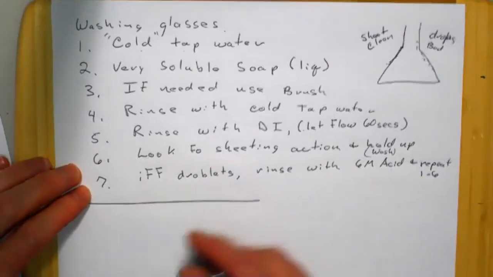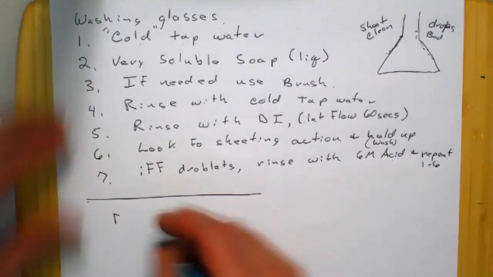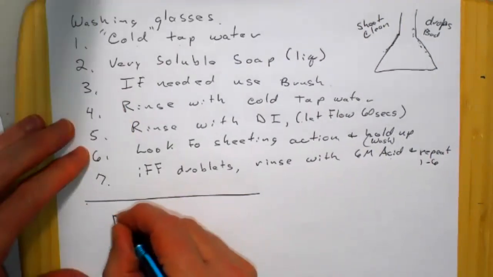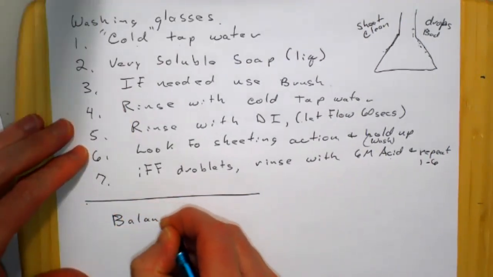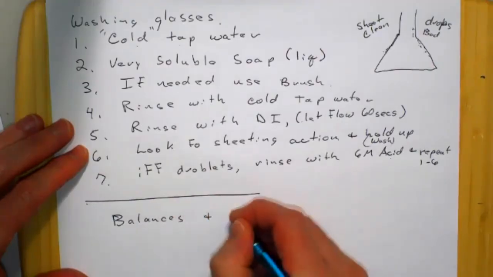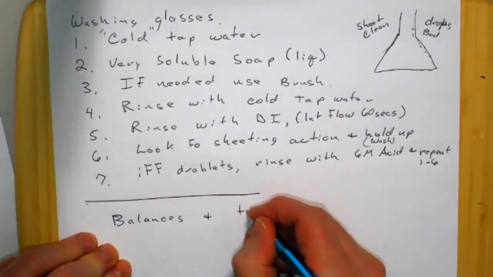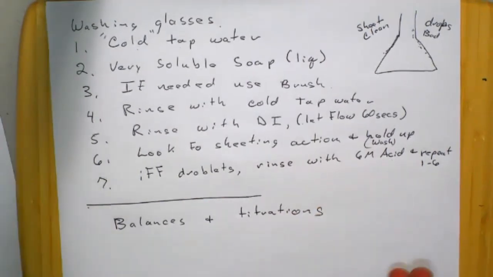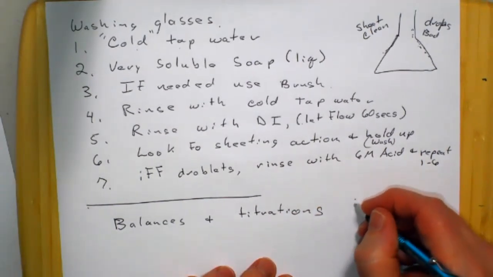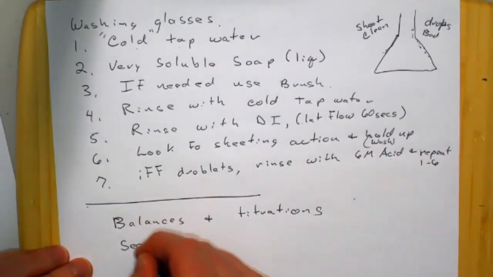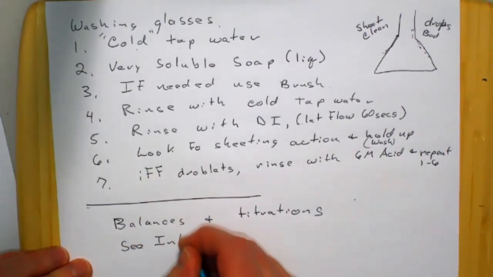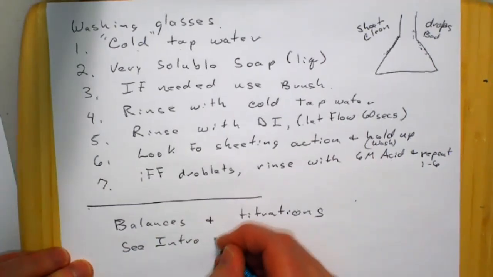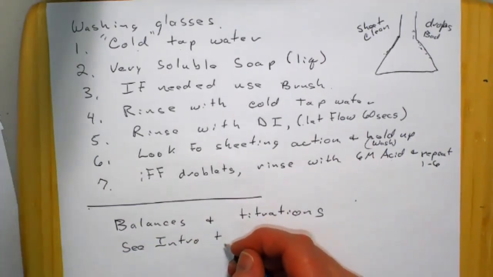So the other things we want to talk about is, I think I'll start a new page. Balances and titrations. You can look at the intro to lab techniques. What is it called? Yeah.